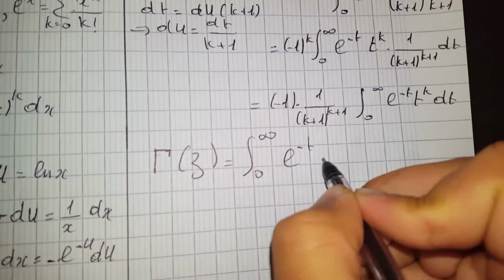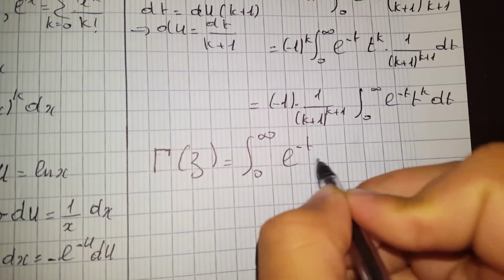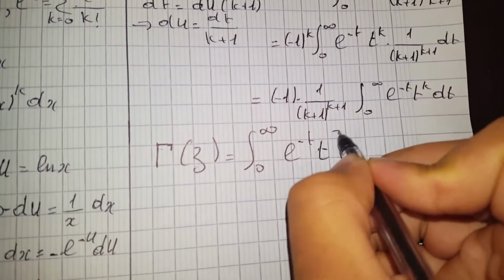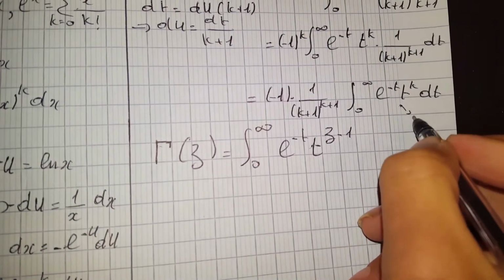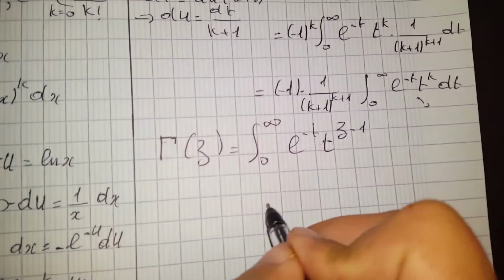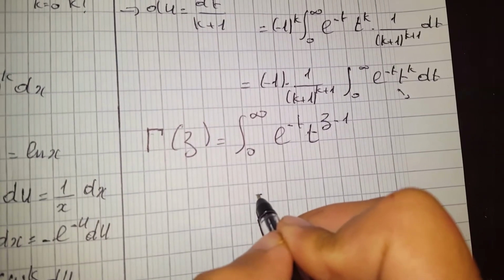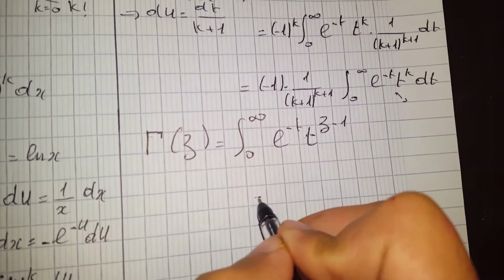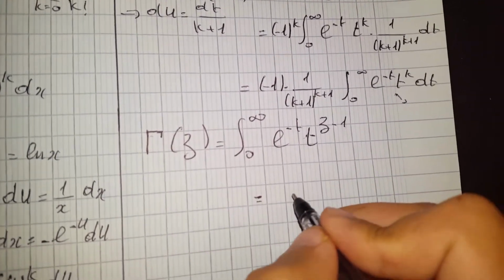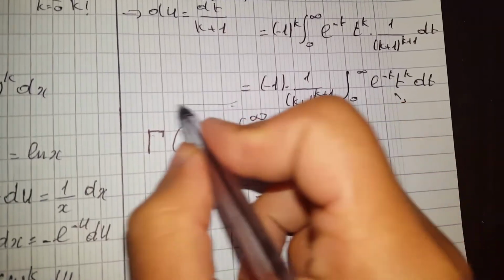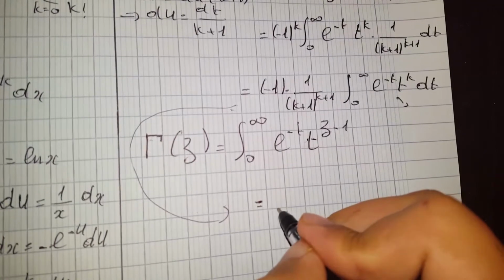Here we have gamma of z equal to the integral from 0 to infinity of e to the minus t times t to the z minus 1 dt. And what we have here, the integral from 0 to infinity of e to the minus t times t to the power of k dt, is gamma of k plus 1, and that is k factorial.